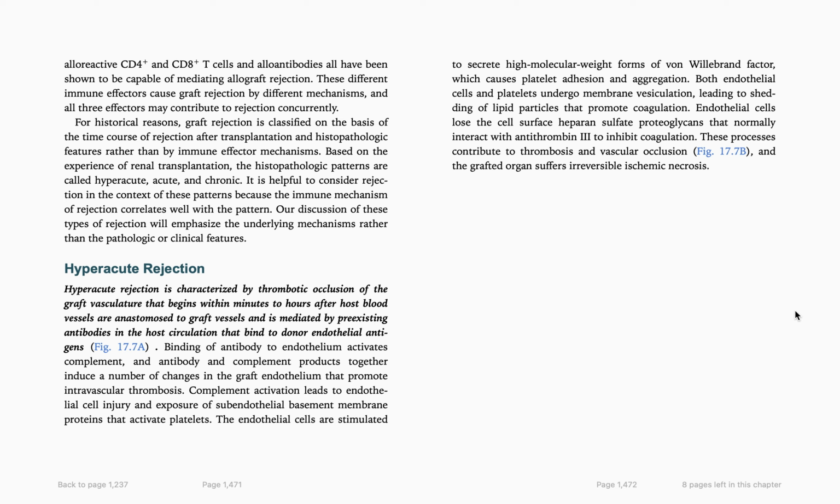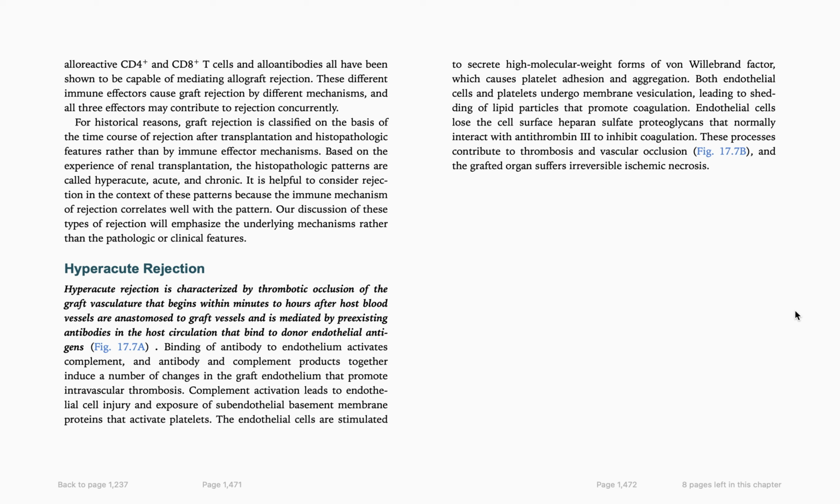Alloreactive CD4 and CD8 T cells and alloantibodies have all been shown to be capable of mediating allograft rejection. These different immune effectors cause graft rejection by different mechanisms, and all three effectors may contribute to rejection concurrently. For historical reasons, graft rejection is classified on the basis of the time course of rejection after transplantation and histopathological features rather than immune effector mechanism.